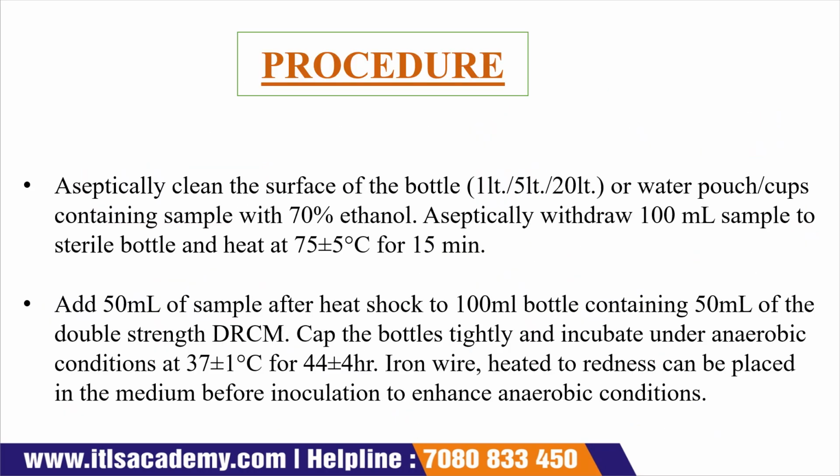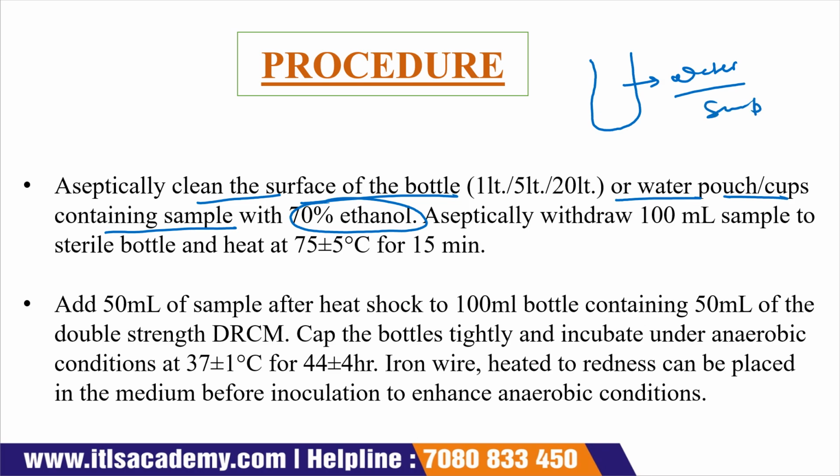Now the next is your procedure. Aseptically clean the surface of the bottle or water pouch cup which contains the sample with 70% ethanol. Suppose that in this bottle we have a water sample. Okay, so it should be cleaned aseptically with 70% ethanol so that any contamination will be reduced.